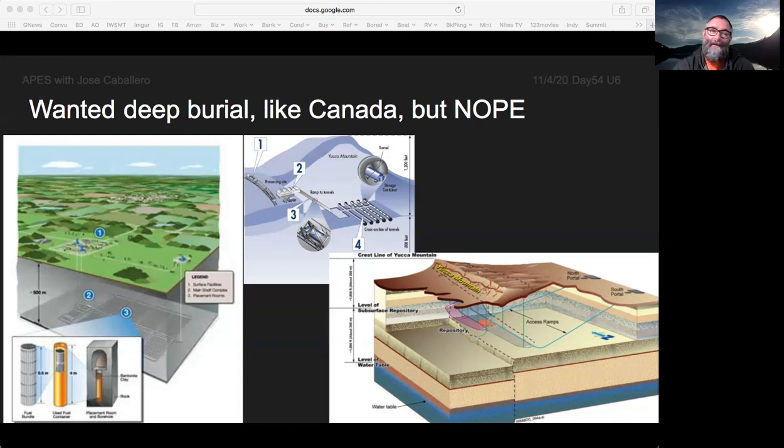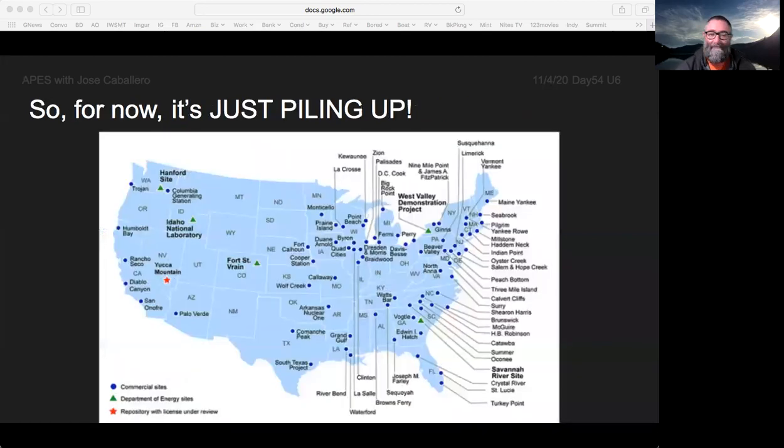But the Yucca Mountain thing kind of fell through because apparently there's an earthquake fault right next to Yucca Mountain, and apparently there's deep groundwater. So in the meantime, we're just accumulating waste. If you look at the map of the United States, we have a tremendous collection of radioactive material.